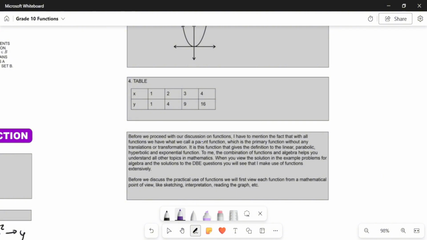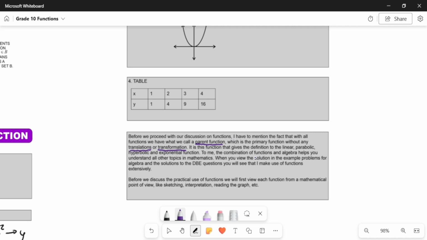Before we proceed with our discussion on functions, I have to mention the fact that with all functions, we have what we call a parent function. I've talked about that when we learned standards under the guiding principles of standards, which is the primary function without translations and transformations. It is this function that gives the definition to the linear, parabolic, hyperbolic, and exponential function.